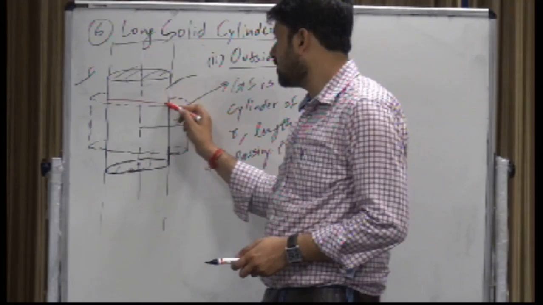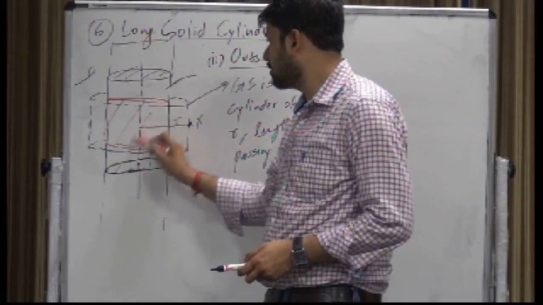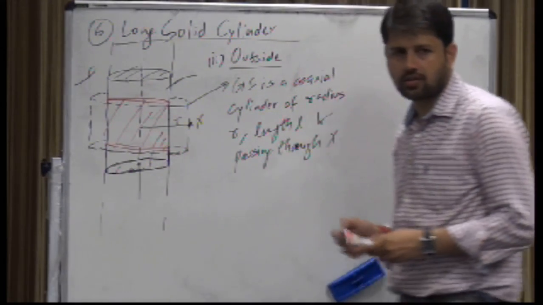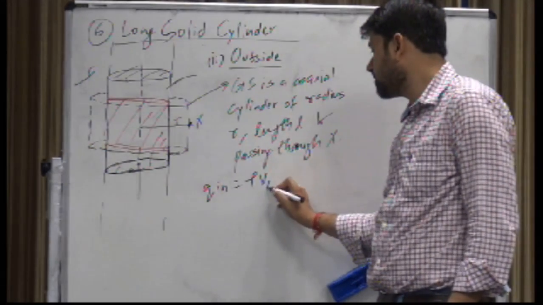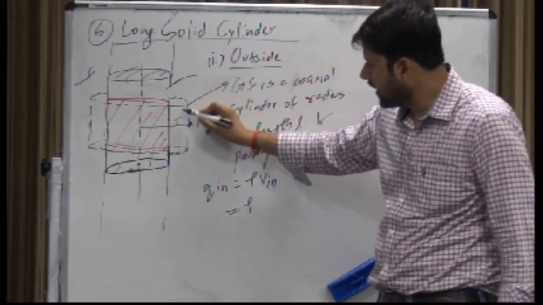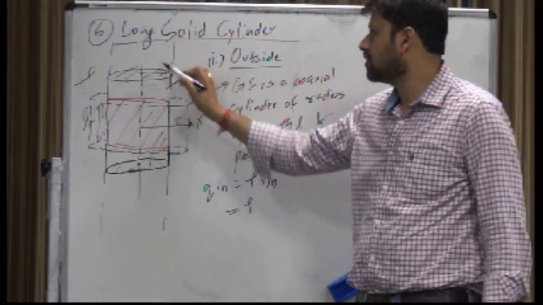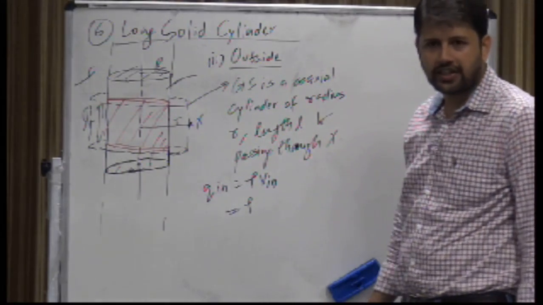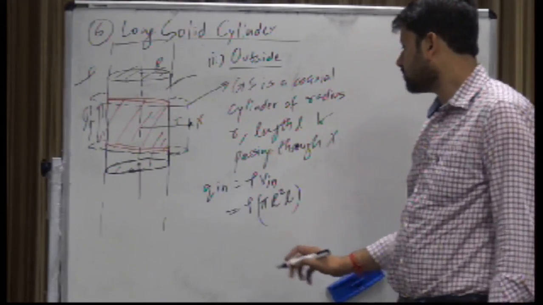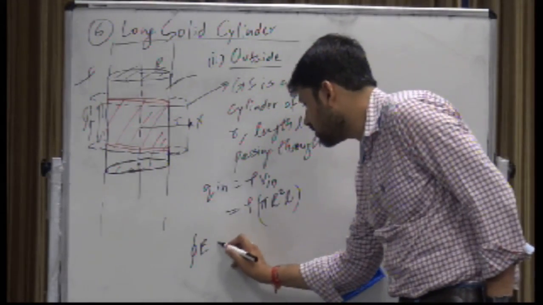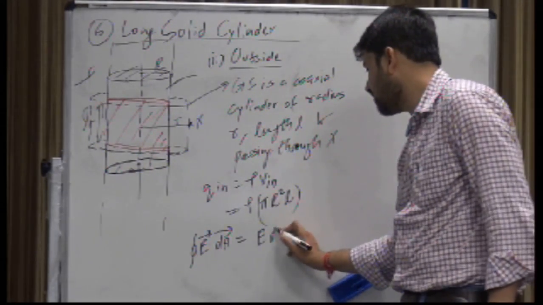You need to consider only this much. So the charge inside is rho into the volume inside, which is rho into the length of this portion, L, and the radius of the cylinder is capital R, so it would be rho pi capital R square L. The LHS would be this, and again by symmetry, E dA.